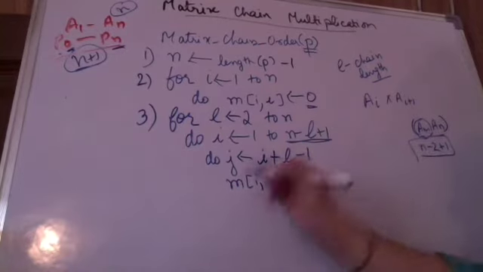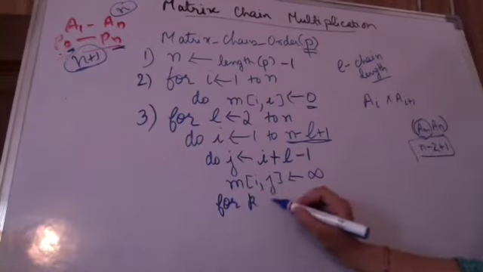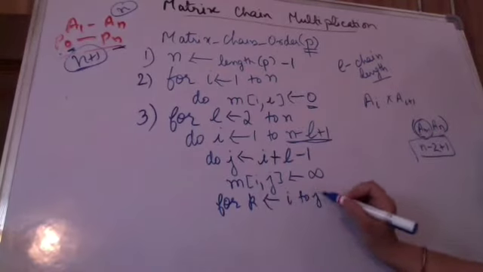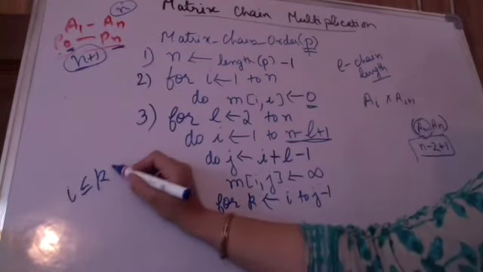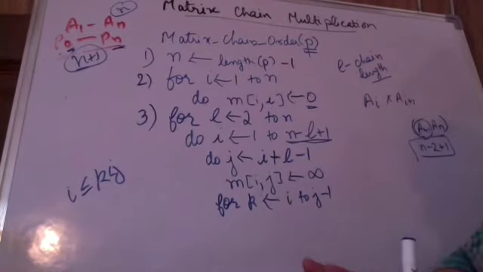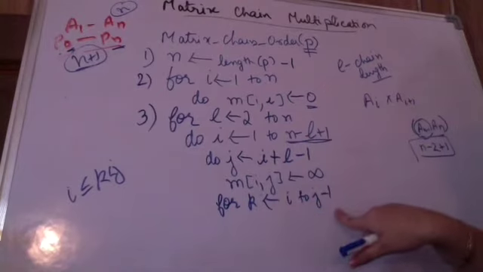So I have another loop, for k running from i to j minus 1. k has to lie between i and j. At that point we have to break the chain, to find the parenthesization.